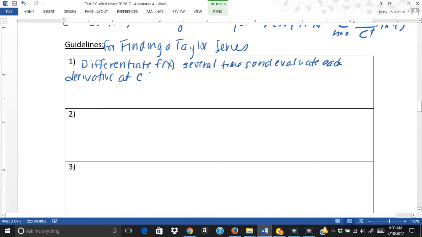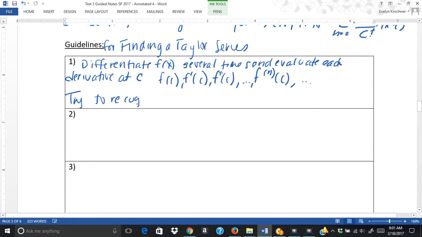So I have f of c, the first derivative at c, the second derivative at c, and so on, the nth derivative at c, as many as we need. And we're going to look for a pattern in the values that we've gotten.